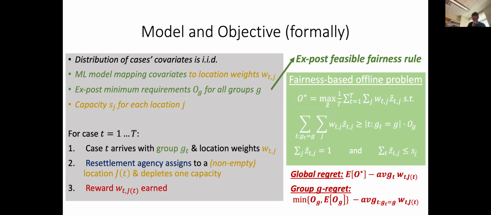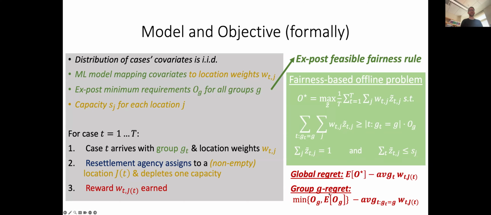And we define, for each group G, what we call the G regret, which is the average employment outcome for this group relative to, and this is now a little bit non-standard, the minimum of OG, OG being what is given ex post as a minimum requirement, and the expectation of OG.